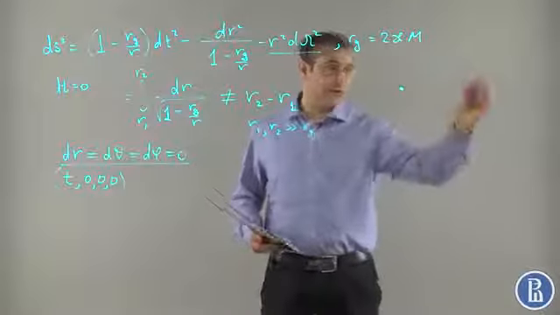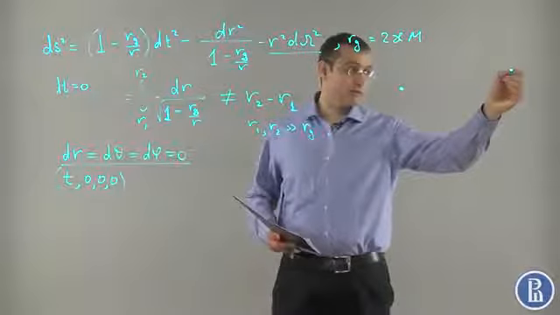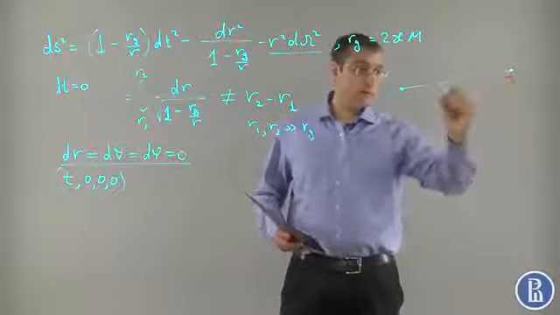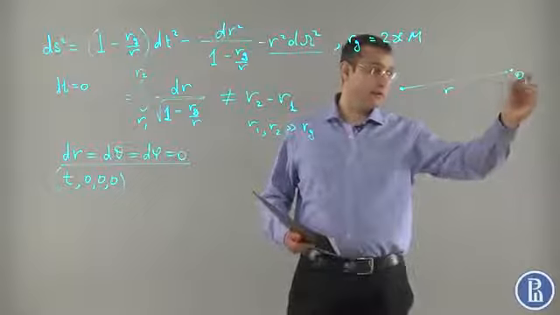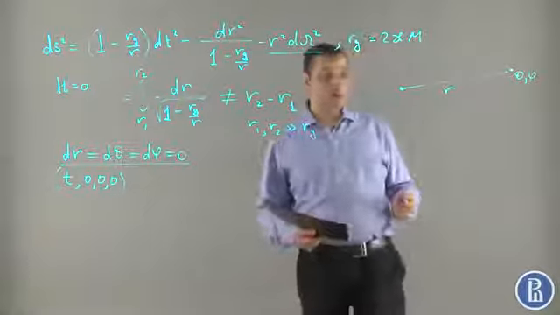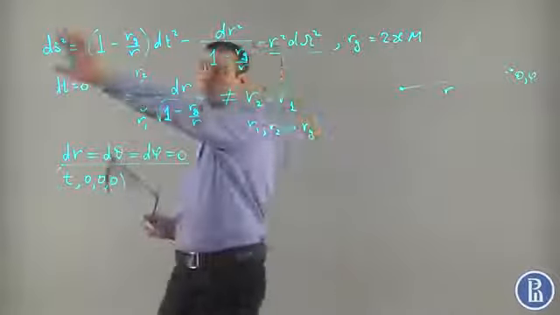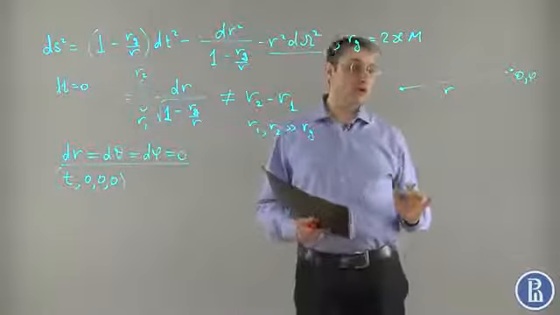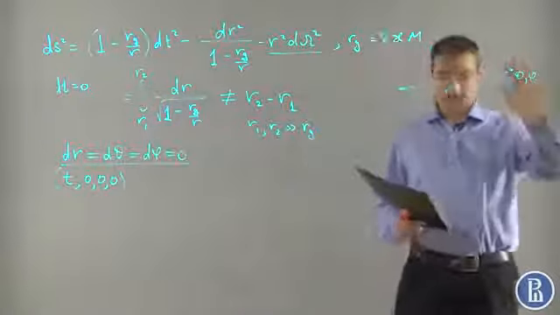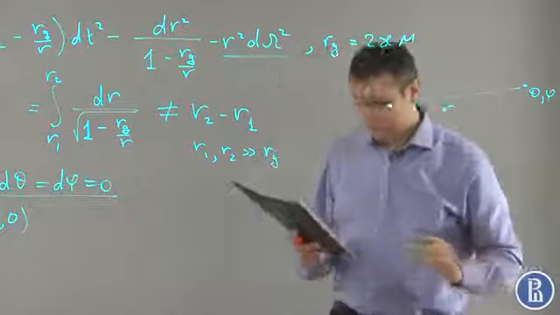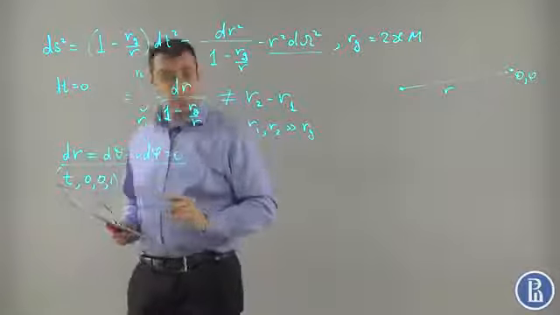So these are non-inertial. We say that this Schwarzschild metric is seen by non-inertial observers which are fixed above this gravitating center. This is important.